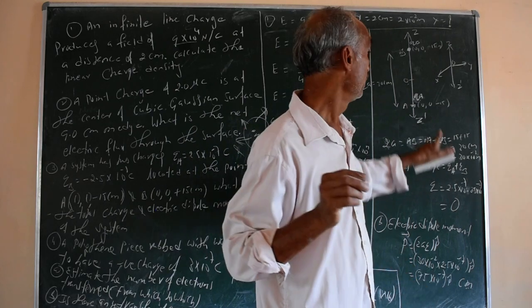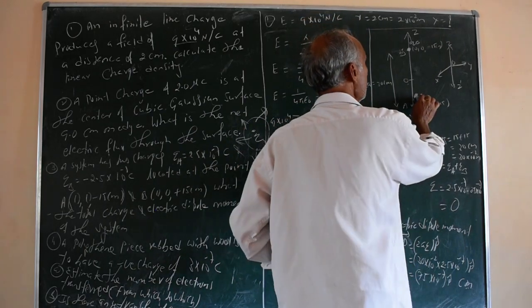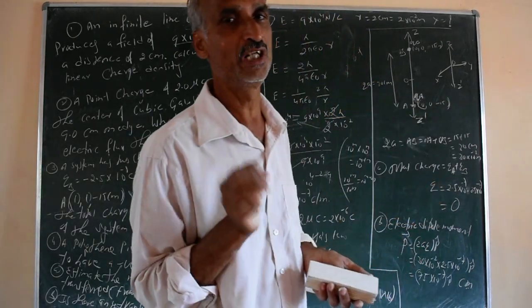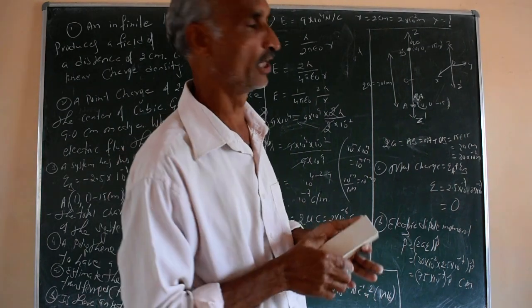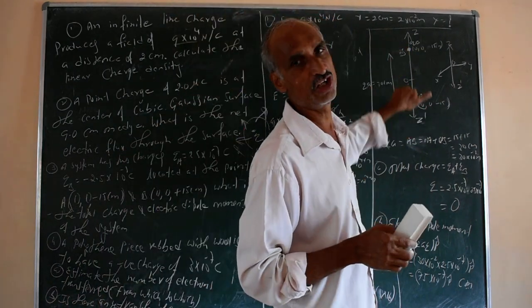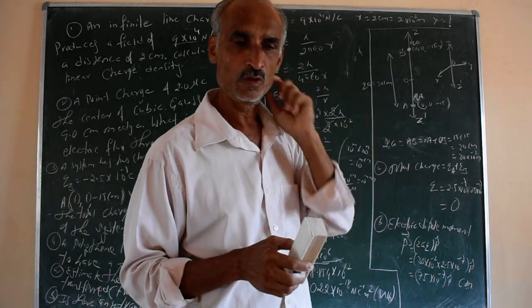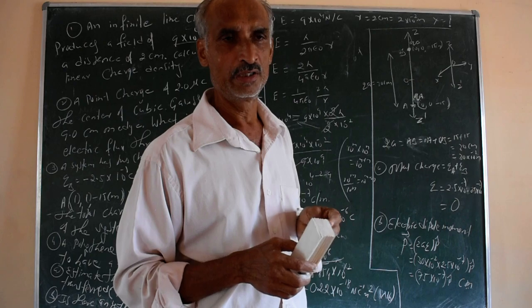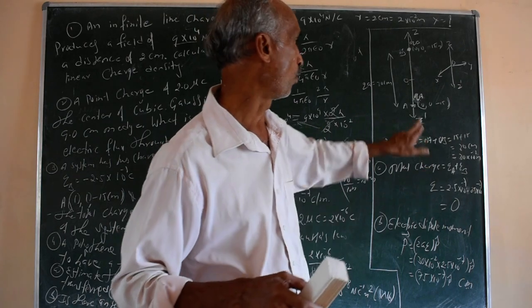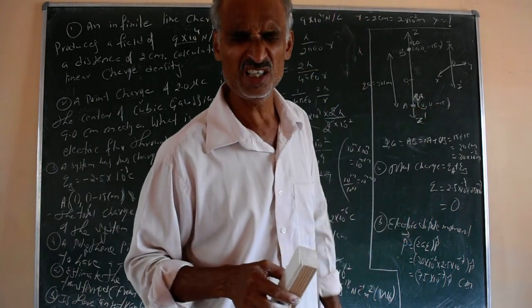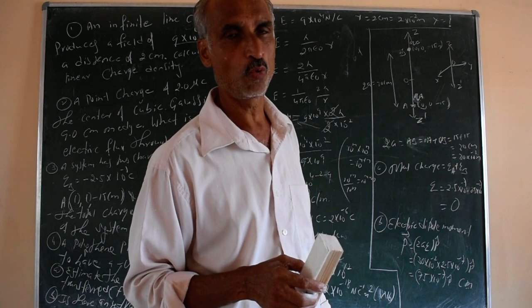Why the z axis only? Because x is 0, y is 0. When x and y are 0, the point is on the z axis. On the z axis, x and y coordinates will be 0. On the x axis, y and z coordinates will be 0.